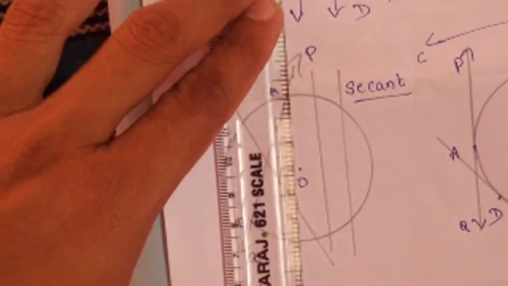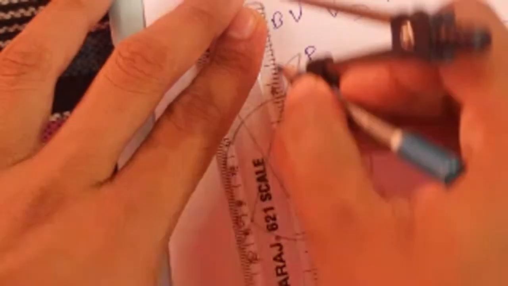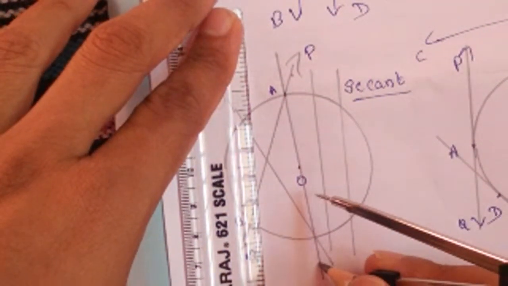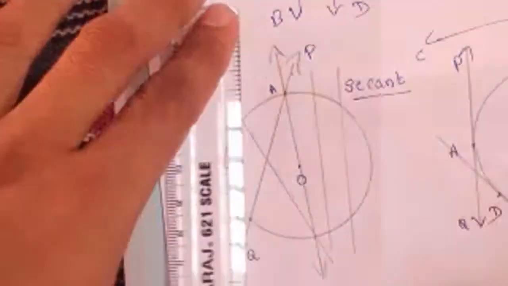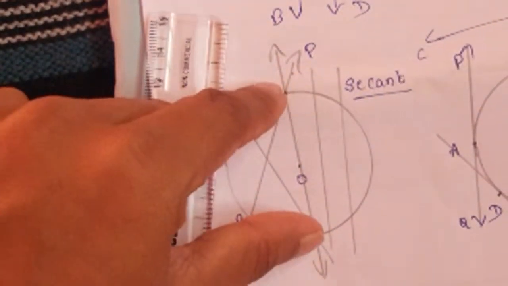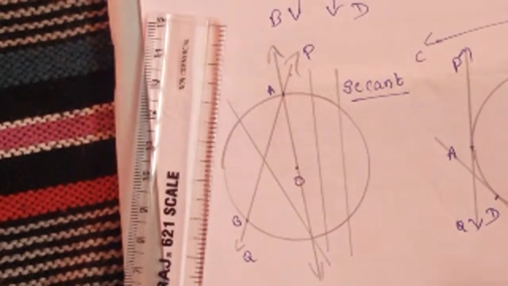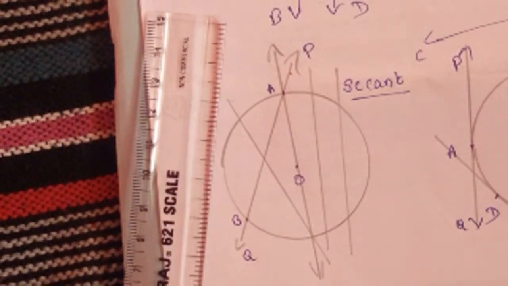That is the diameter. So I'll consider one line which passes through the circle through the center. If you consider this length, then this length is greater. Therefore we can draw plenty of secants to a circle also.